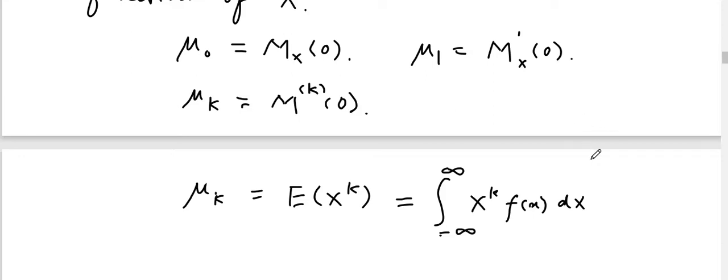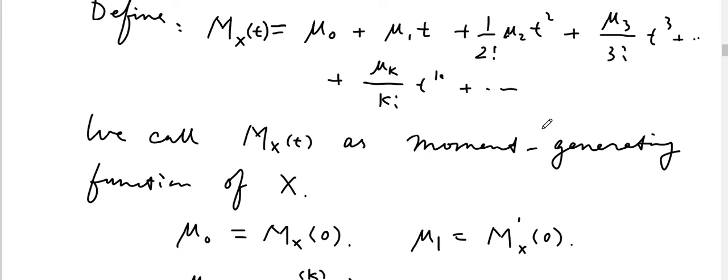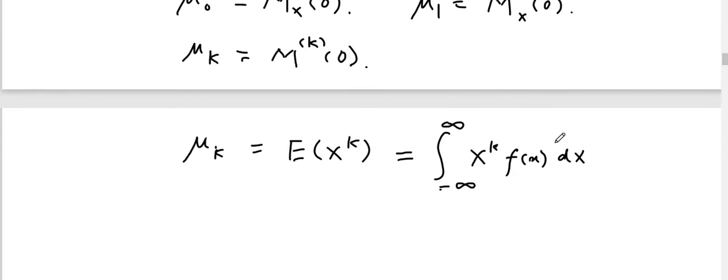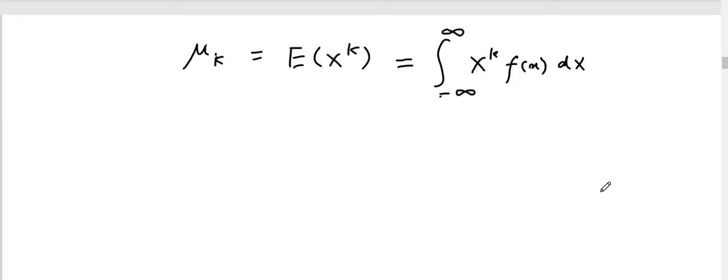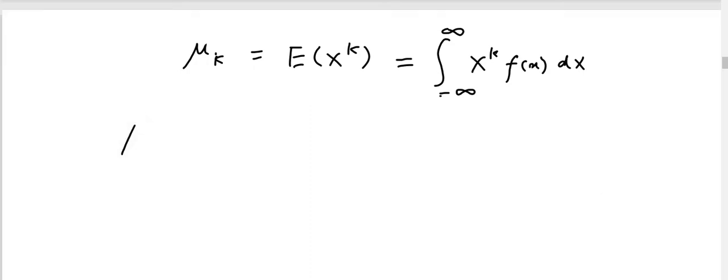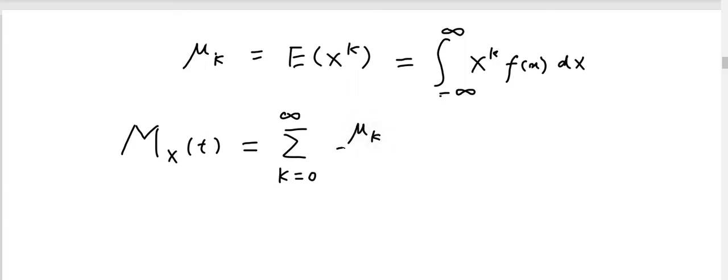Then we just plug it in here. For the moment generating function we can use a summation notation. We say the moment generating function equals this summation, k from 0 to infinity, of mu k over k factorial times t^k, right? This is the moment generating function.